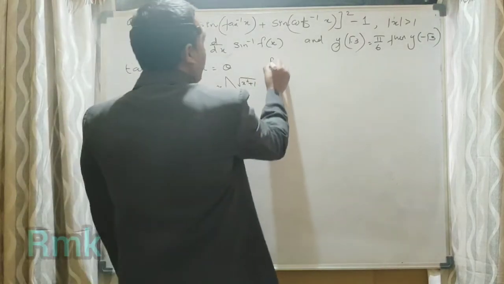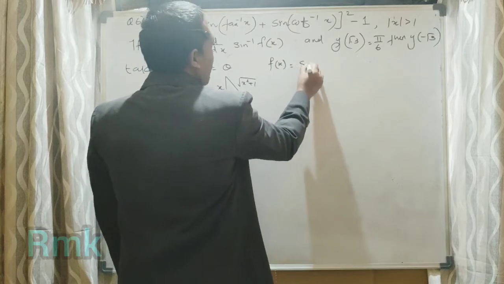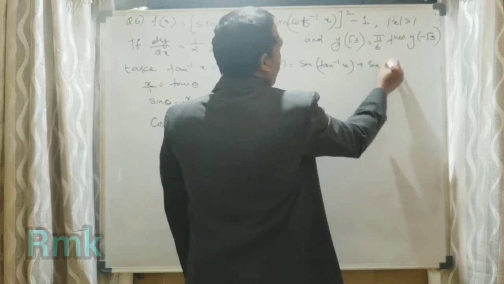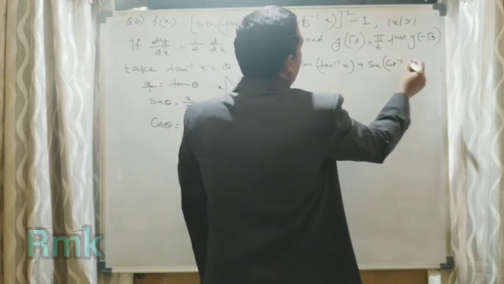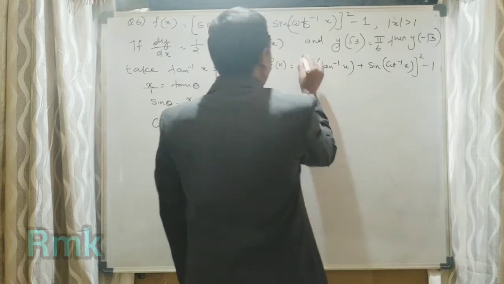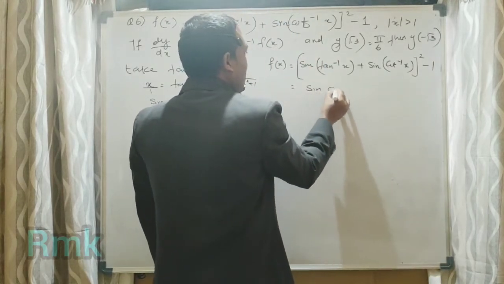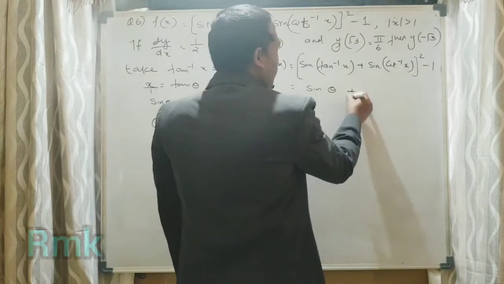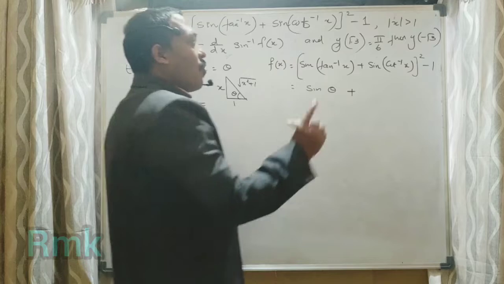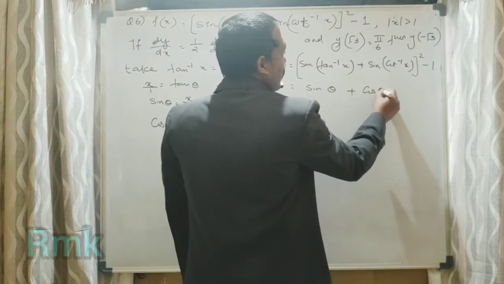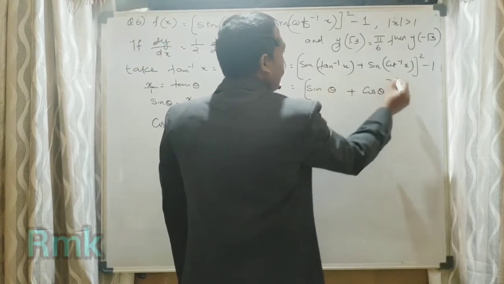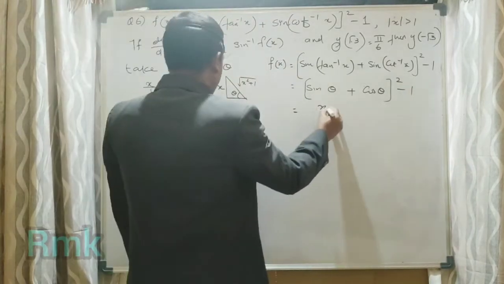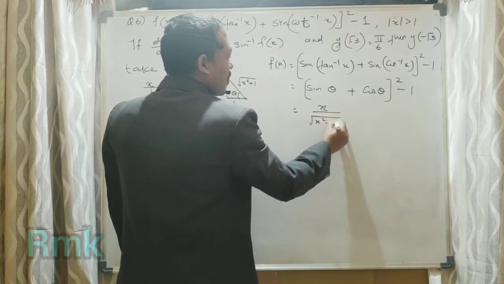Take this f of x is equal to (sin tan inverse x plus sin cot inverse x) the whole square minus 1. That is (sin theta plus cos theta) the whole square minus 1. Sin theta is x by root of x square plus 1.